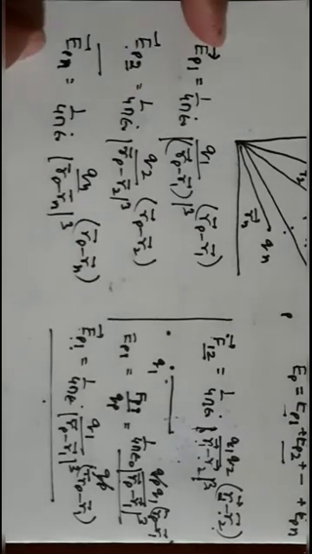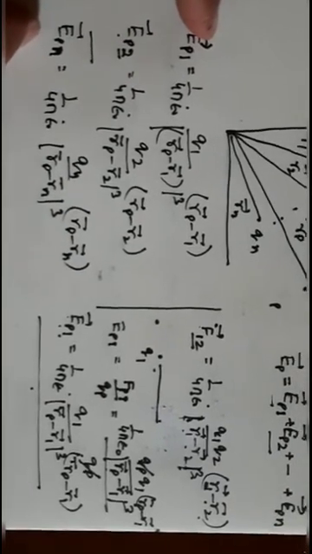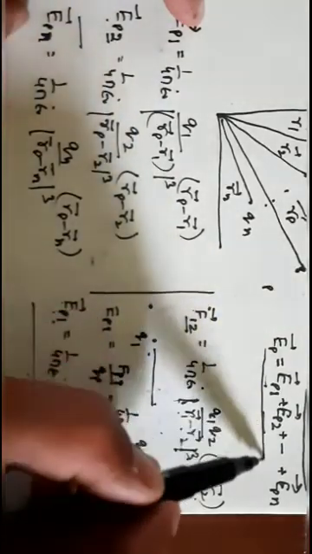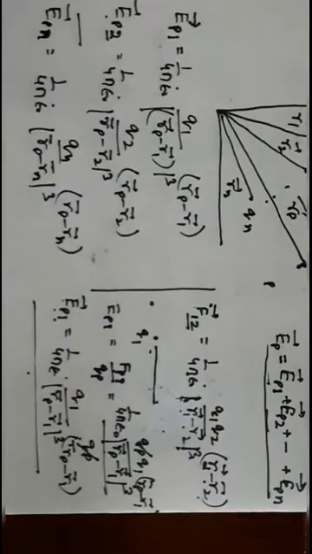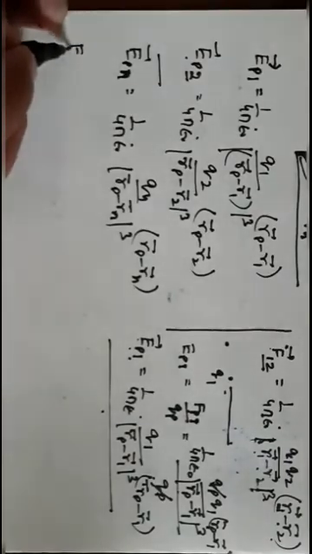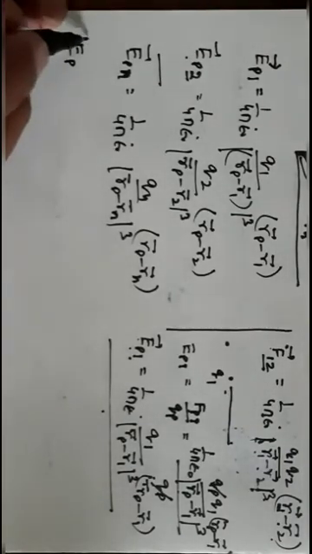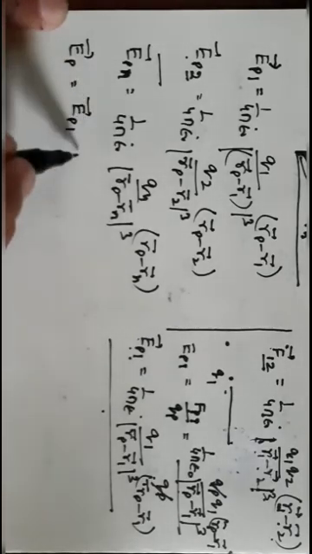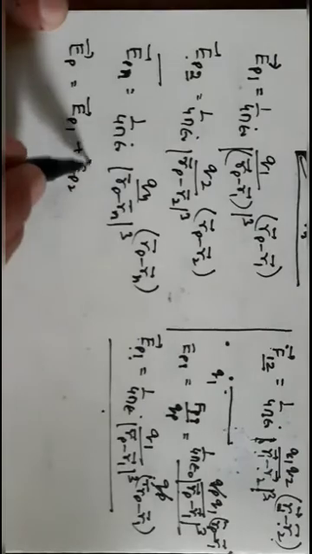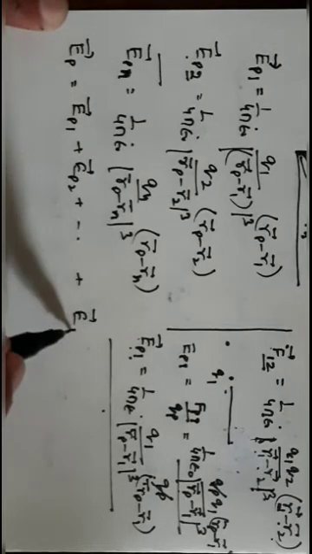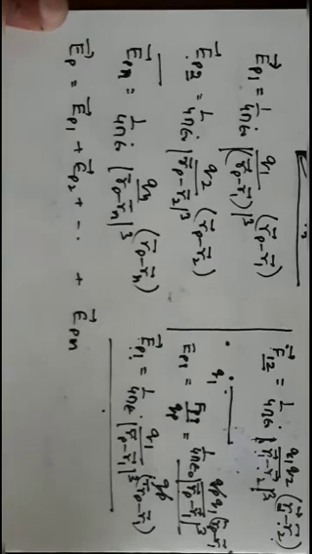So these are the individual electric fields, and the total electric field is calculated by the vector sum of the individual electric fields. So I should add them by considering the direction, that is, as a vector sum. So the resultant electric field at point P is equal to EP1 plus EP2 and so on, up to the electric field at P due to the nth charge.